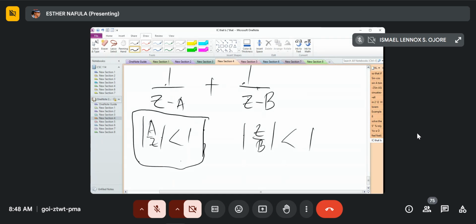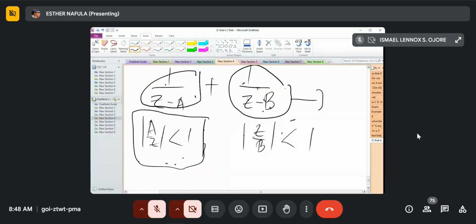If you were to use the condition a over z less than 1 on this fraction, for example, whatever you do, there's no way you're going to arrive at an a over z. There's no miracle you can perform to have an a over z in this fraction. But if you come to this fraction, you can easily arrive at an a over z because you have z minus a. If you need a over z, you simply divide through by a.